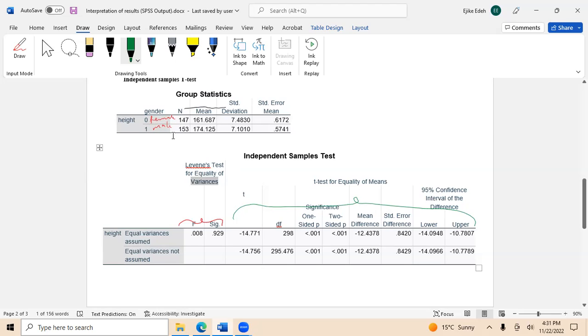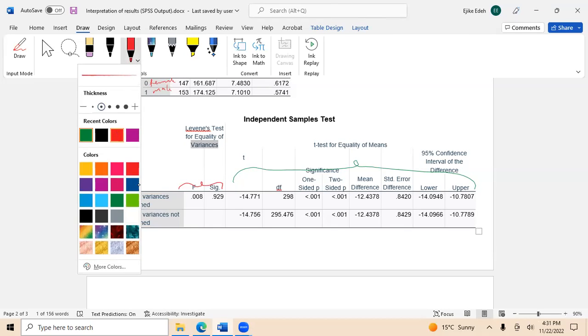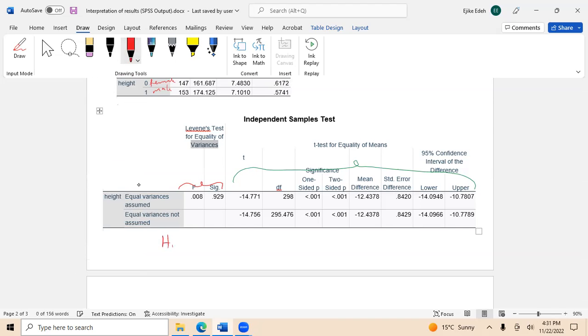Now, if we look at this, a proper, formal test is conducted, and that test is the Levene's test, okay? The hypothesis test for Levene's test is written this way. So for everything for Levene, we're going to be using red. H naught. Levene's test null hypothesis states that the variances are equal, right?